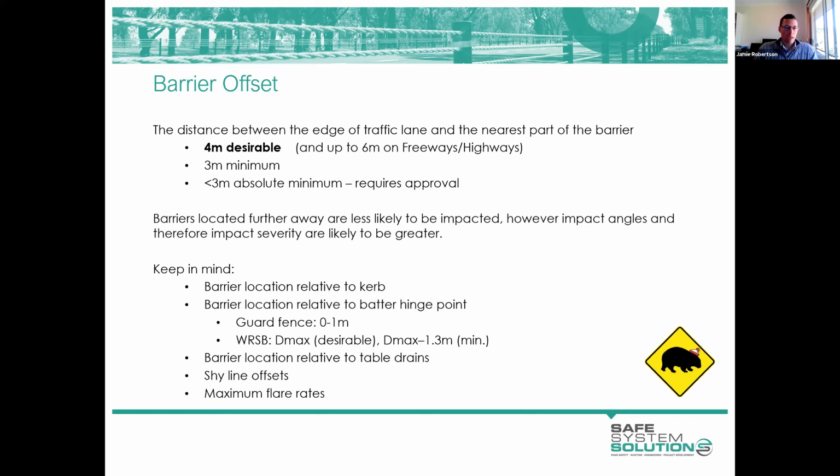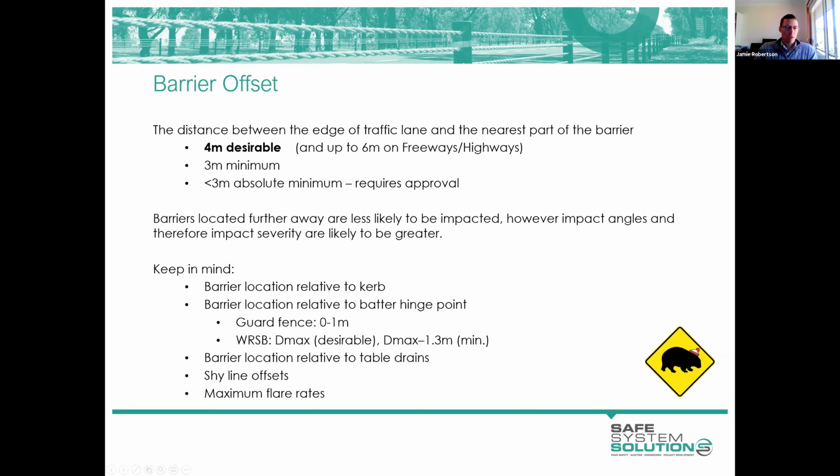The presence of table drains, or basically any change in grade or significant change in grade, might influence where we can locate our barrier. We need to be mindful of shy line offsets. The shy effect being the effect where we as motorists tend to shy away, to shift our vehicles laterally away from objects that are located close to the edge of the road.